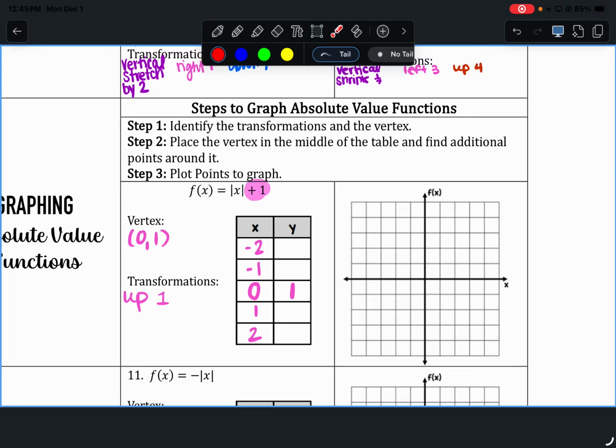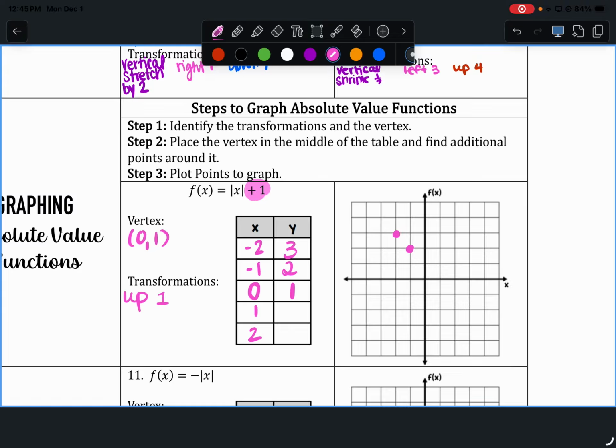So if I plug in right there, what is the absolute value of -2? What is 2 plus 1? So that's one of our points. So -2, 3. What is the absolute value of -1? 1. What is +1? 2. So we're going to go to the point -1, 2.